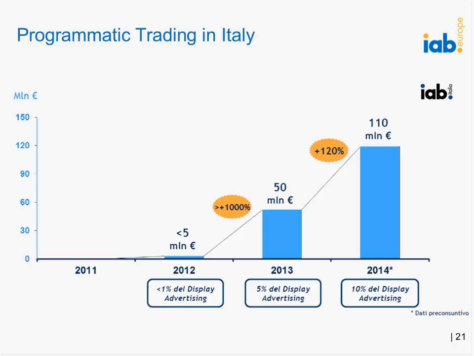The activities that we are doing locally to keep up the level of attention on programmatic are, first of all, to implement and localize the white paper that was written together inside IAB Europe. We are going to produce a video to better explain how programmatic works, and unfortunately we need to produce one in Italian because language is also a barrier for many of the salespeople in this market.